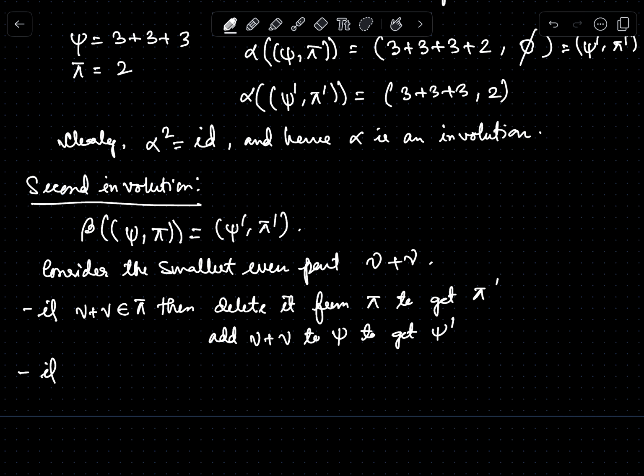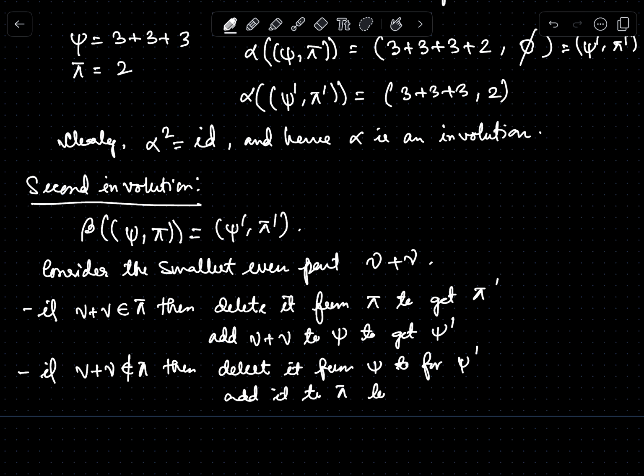And on the other hand, if nu plus nu is not in pi, then we delete it from psi to form psi prime and add it to pi to form pi prime.